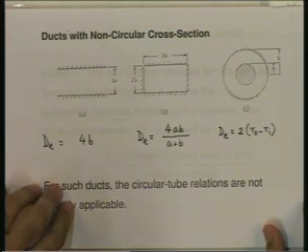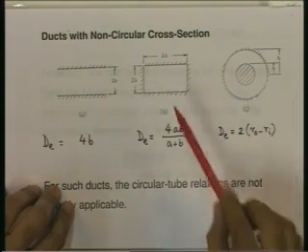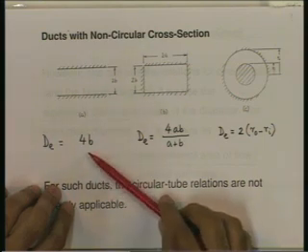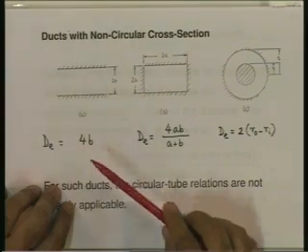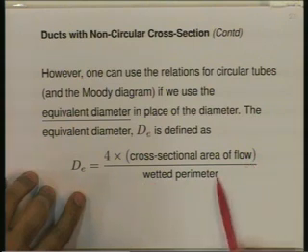So, in case of non-circular geometries, all that we do is, after having determined the mean flow velocity based on the actual area of flow, in the calculation of the Reynolds number and in the calculation of pressure drop, where we need that L by D, we use the equivalent diameter, and the equivalent diameter is based on the cross sectional area of flow and the wetted perimeter.